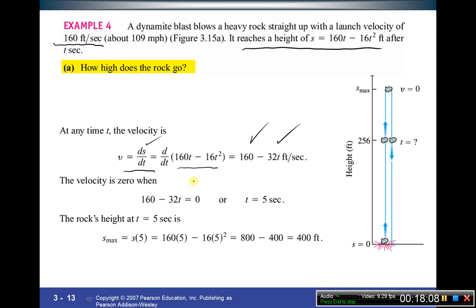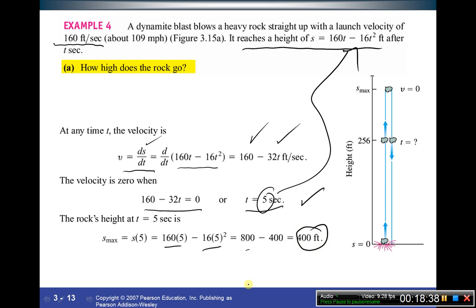So if we set the velocity, 160 minus 32t, equal to 0 and solve for t, we get t equals 5 seconds. So it climbs for 5 seconds, and to see how far it's gone, you plug this 5 into the s equation, and we get 160 times 5 minus 16 times 5 squared. Calculating this, we get that it goes up 400 feet, and then it's going to start to come back down.